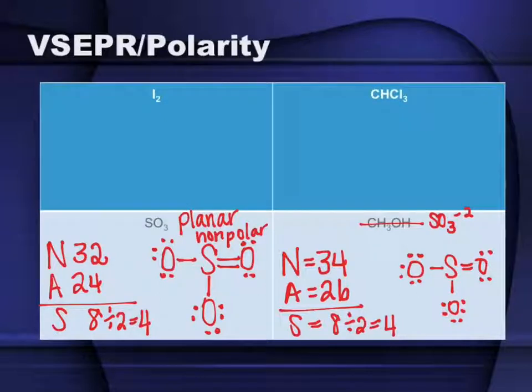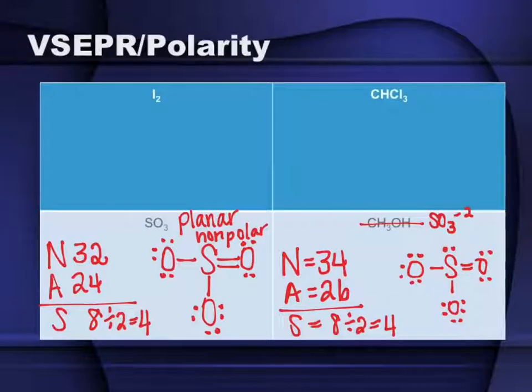I have 2 more electrons. If I put them right here, what happens? Oxygen's unhappy. So where do I put them? Always on the central atom. Now you're going to look there, and how many electrons does sulfur have now? 10.